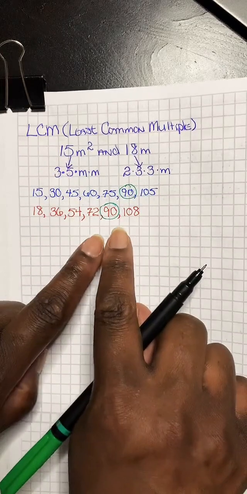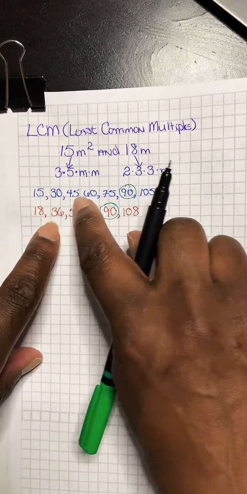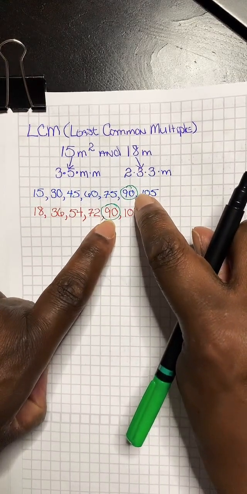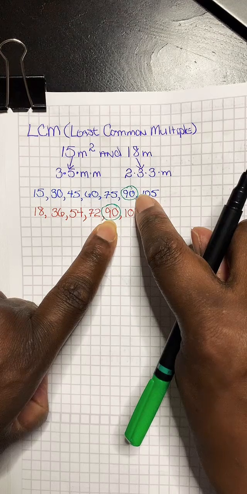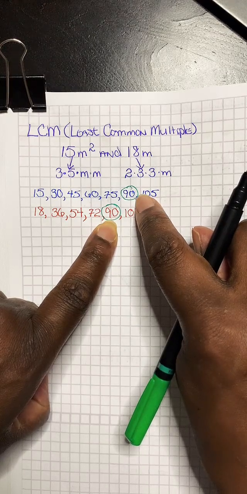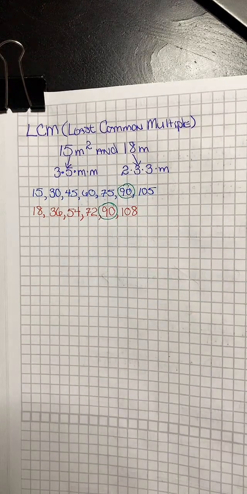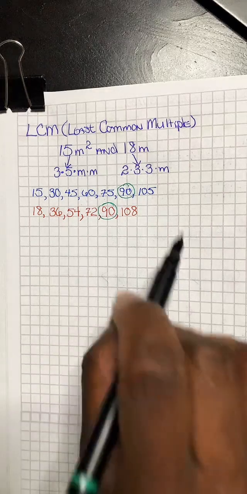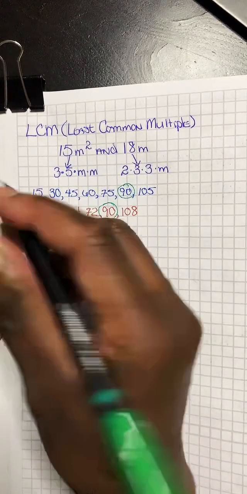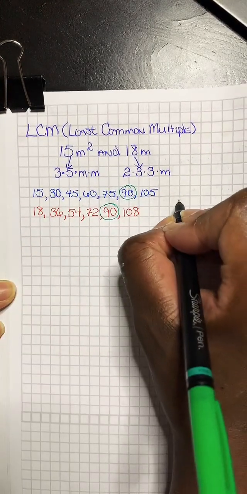But the least common multiple is going to be the lowest number that both of them have in their times tables, which is going to get 90. Okay, makes sense? All right. So with that being said, that's going to be my GCF. Got me saying it, LCM. So that's going to be our 90.